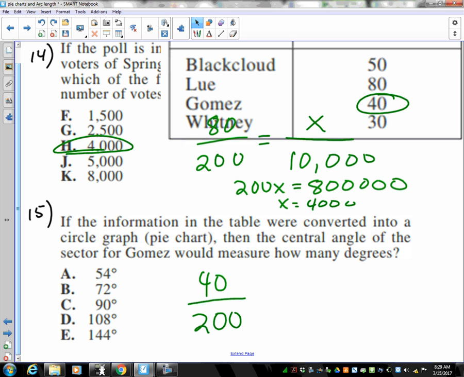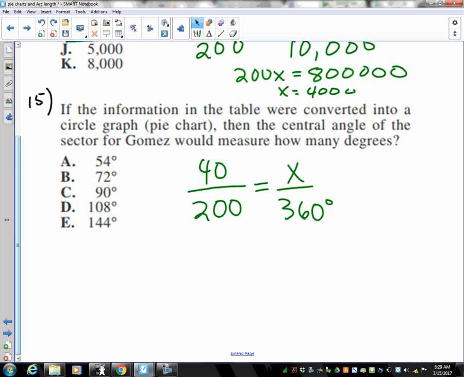Now, if we're doing the angle measure for that central angle, we don't know the angle measure, but we know the total measure for the angles on my pie chart would be 360 degrees. So there we go again, we have part to totals here that are really good, especially in pie charts. Percentages, pie charts, part to total, or anything for the proportions are usually really easy to set up.